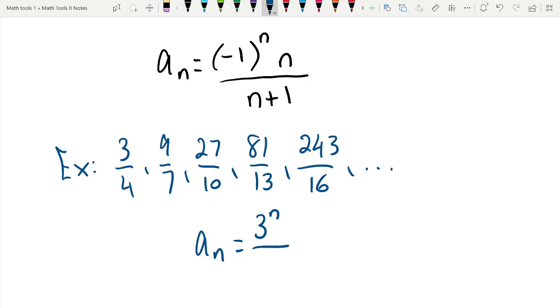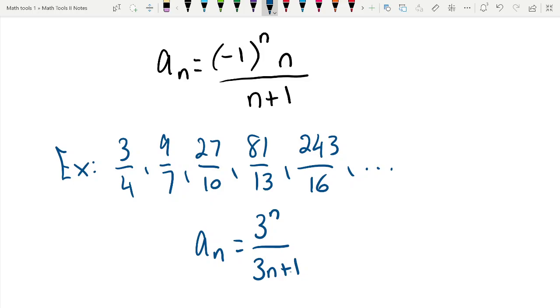For the bottom numbers, if we want this to start at n equals 1, then we should make this 3n plus 1, right? Because then when we put in 1, we'll have 4. When we put in 2, this will be 6, and then we'll add 1 and we'll get 7.